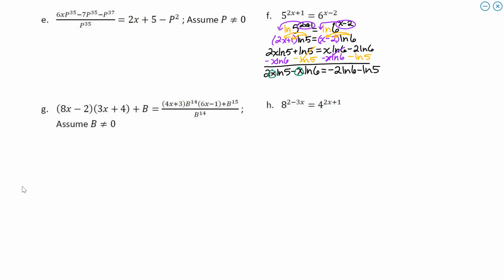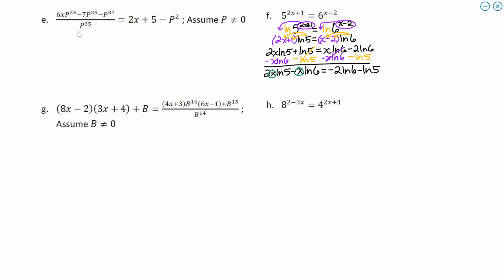And so fully simplified would be log base 2 of x plus 2.